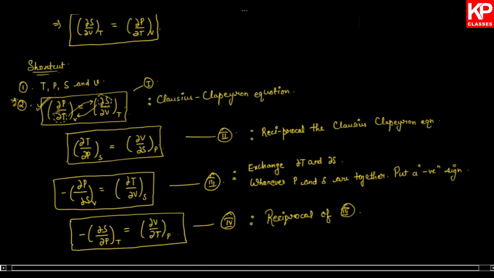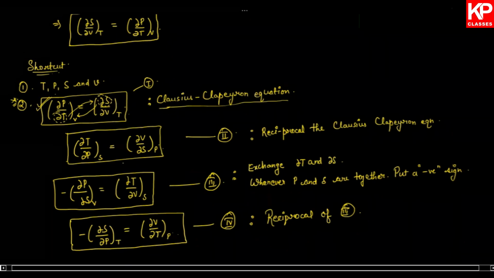So you just have to learn this first Maxwell equation. You have to learn it because there is no other choice. We will be solving many numericals based upon it, so you have to get the idea. Based upon that, you first reciprocal it, and then you replace del S and del T together, and you will be obtaining the third and fourth relations as well.